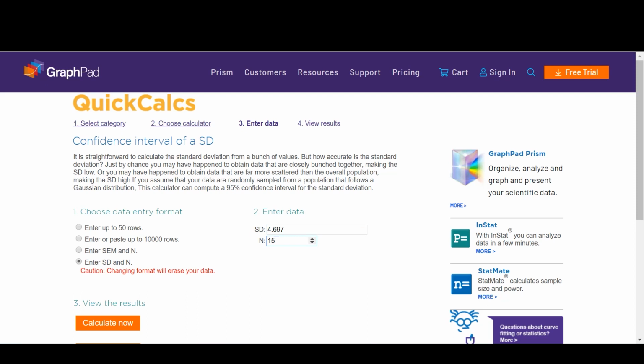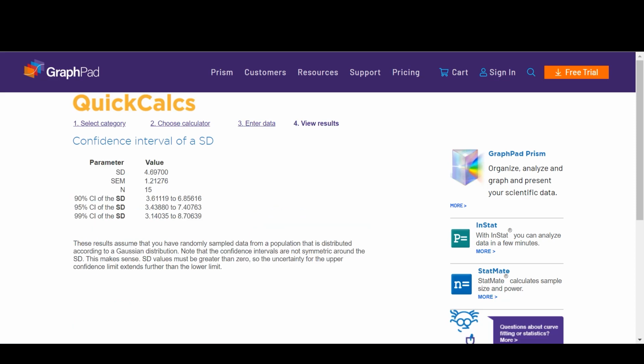And this should be enough information for them to determine the confidence interval. So let's calculate now. The only thing about this calculator is that they only give you confidence intervals for 3 different levels: 90%, 95%, and 99%. So if you had any other percentage, this wouldn't work out. You would have to do it the way that we just did it. In our case, we wanted a 90% confidence interval, and that's what we have right here.